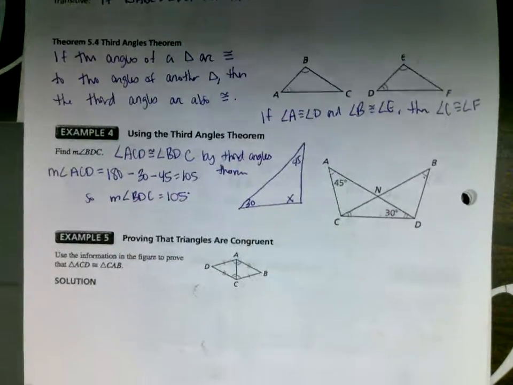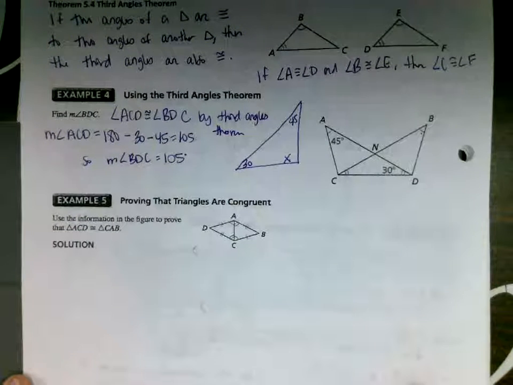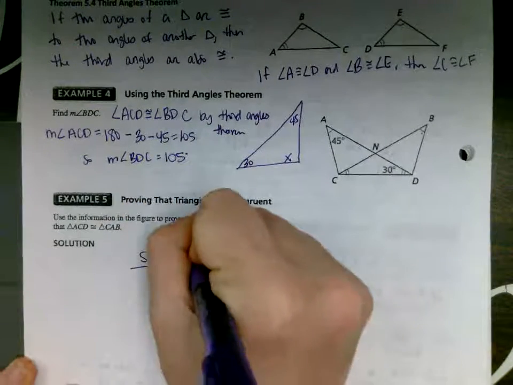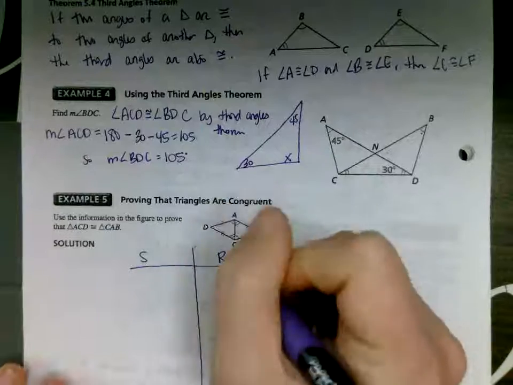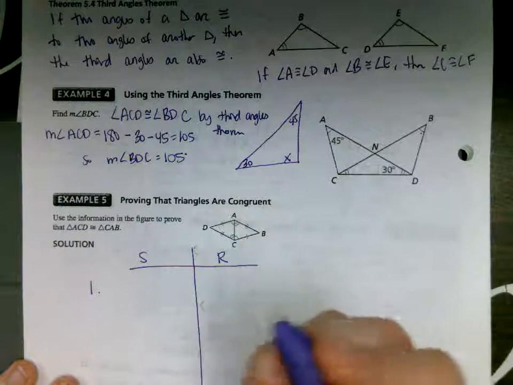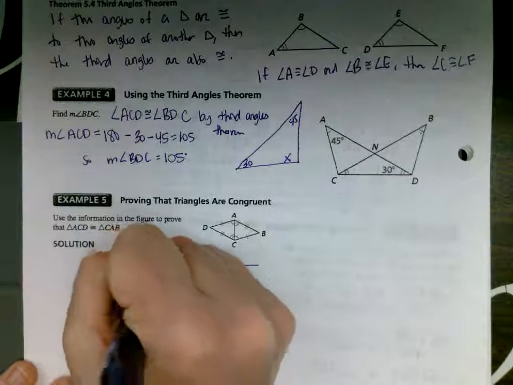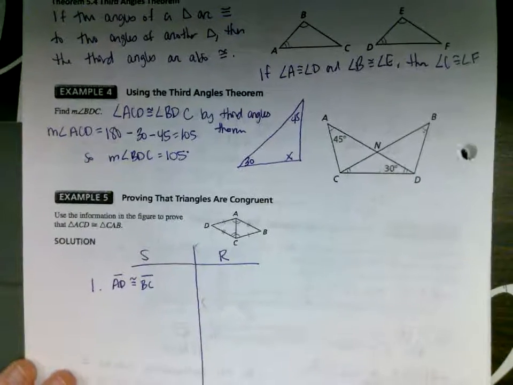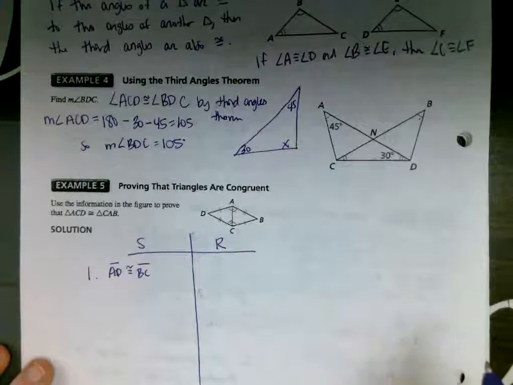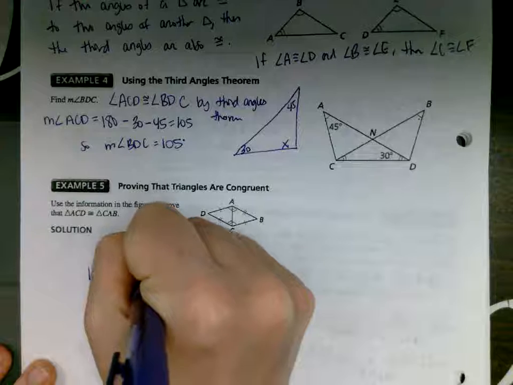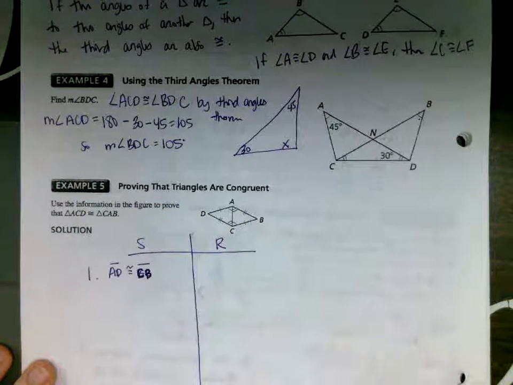All right, and the last one, it says use the information in the figure to prove that triangle ACD is congruent to triangle CAB. Okay, so I have my statements and my reasons. What is given here is going to be what's shown to you in the picture. So I know that segment AD is congruent to segment CB. It's important that they go in that order. I wrote it in the wrong order at first, and I would have gotten a point taken away there, so you have to be careful.